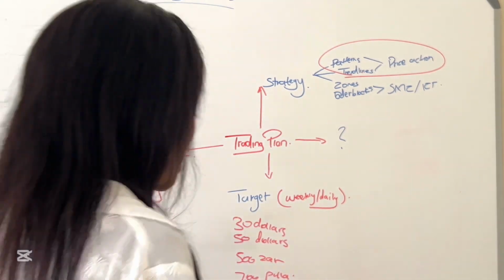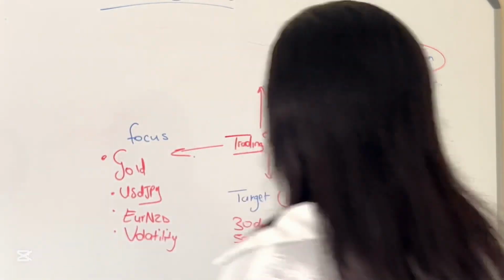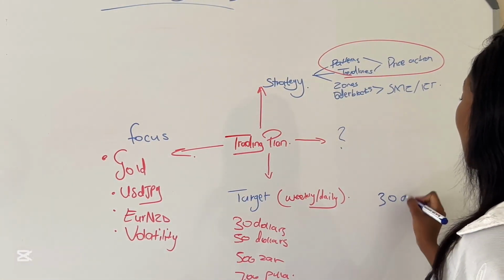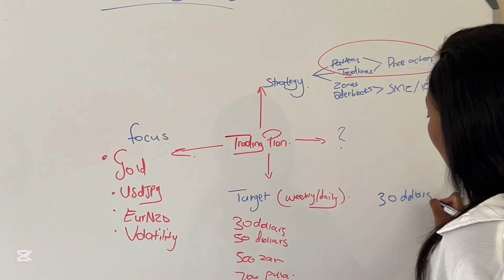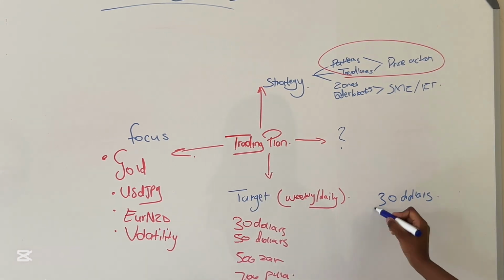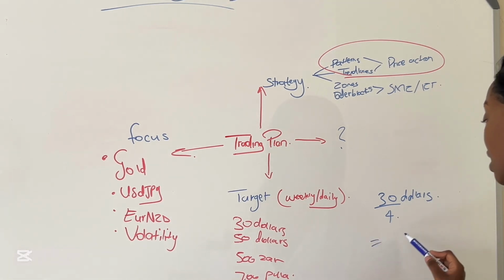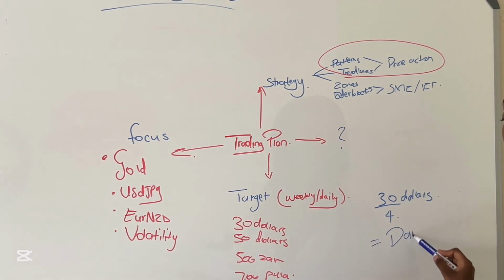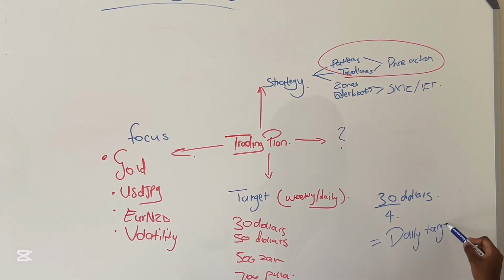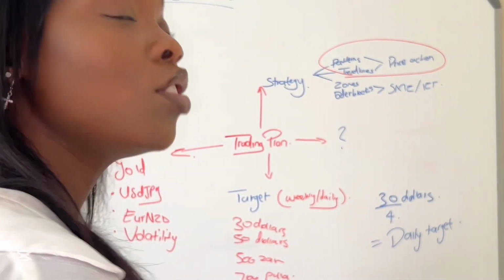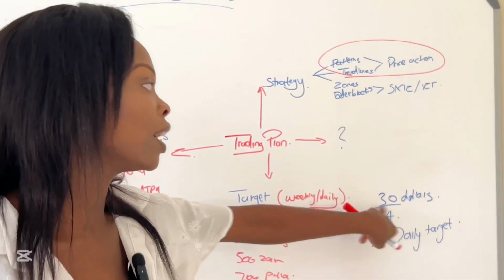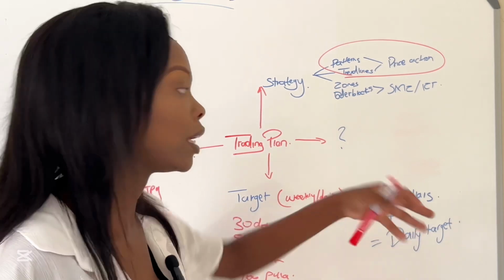And of course, if this is $30 a week, guys, you can just divide this by 4, and then it will give you your daily target on how to reach this. Remember, the end goal is to get here by the end of the week.